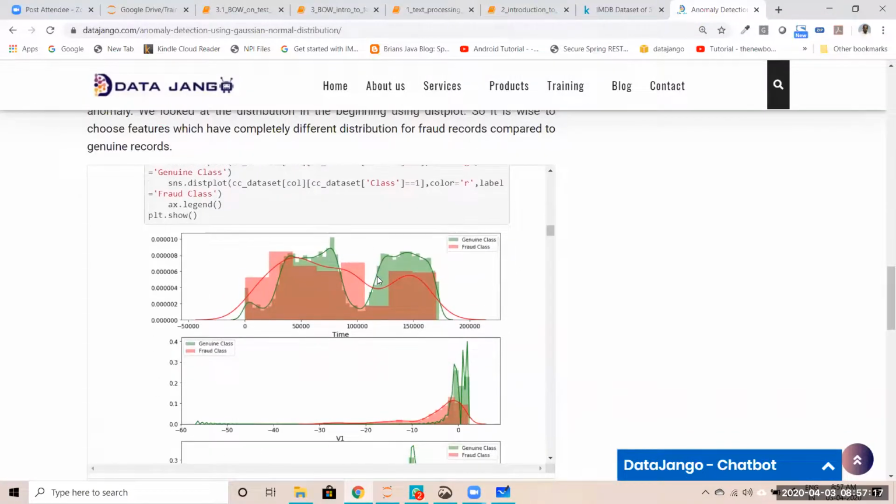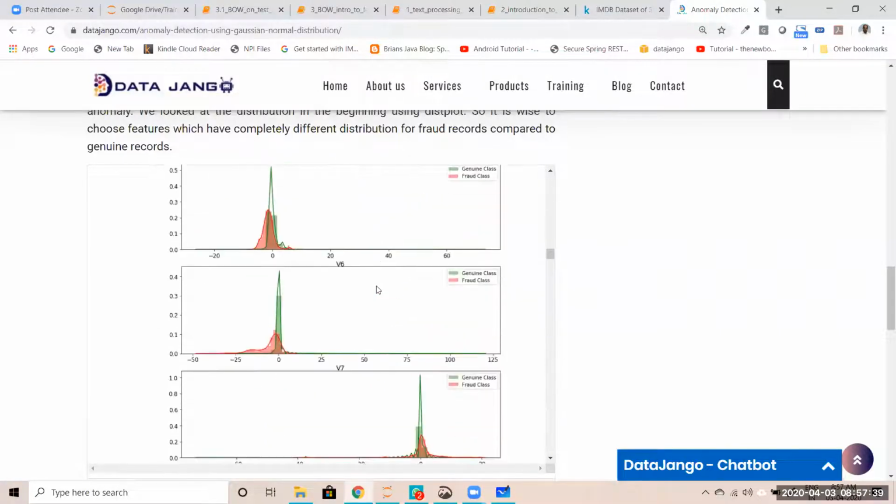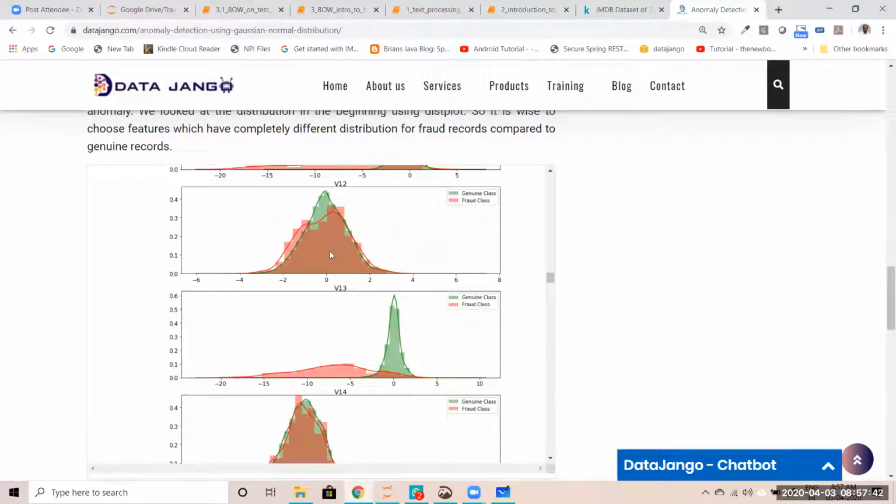What the guy did is, for each column, he tried to understand the distribution of records belonging to 0 and records belonging to 1. If the distributions are overlapping, like this, the data cannot distinguish these two classes. If the patterns are not overlapping, then they can. Did you guys get the point?